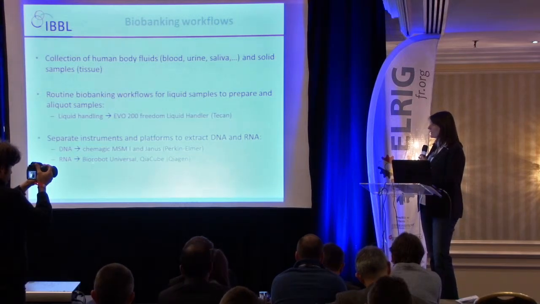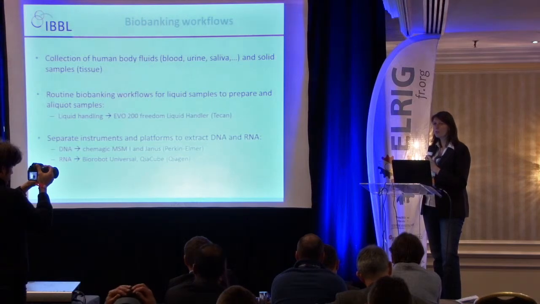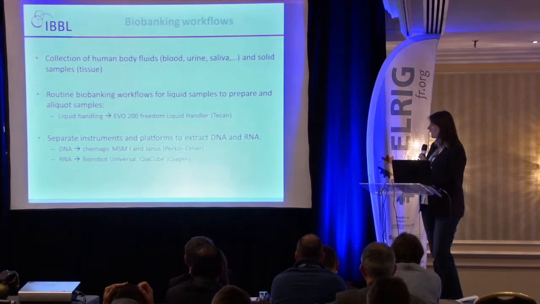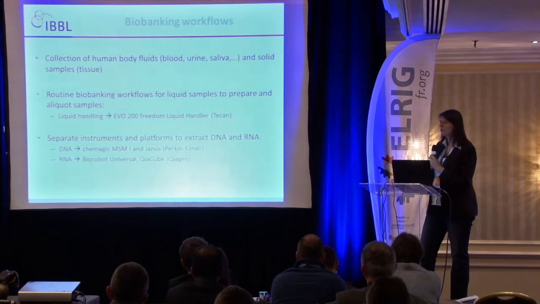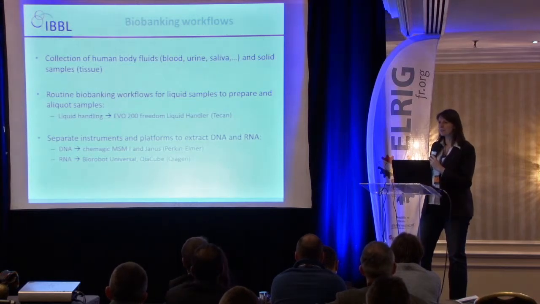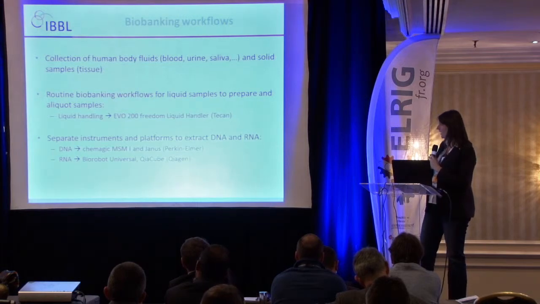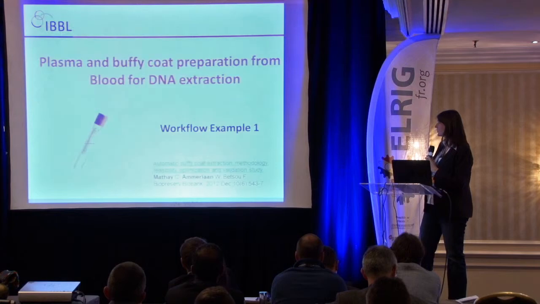For RNA, it's the BioRobot Universal and QIAcube that we have in-house. I will not have time today to concentrate on this one, maybe in the next presentation, but today I will talk mainly about the DNA extraction, and there we use the chemagic MSM I, which is a magnetic beads-based technology to extract DNA, and it also comes with a liquid handler, the Janus liquid handler.